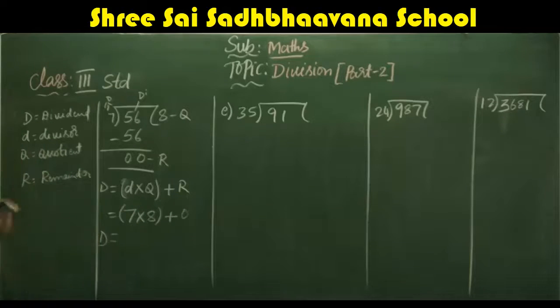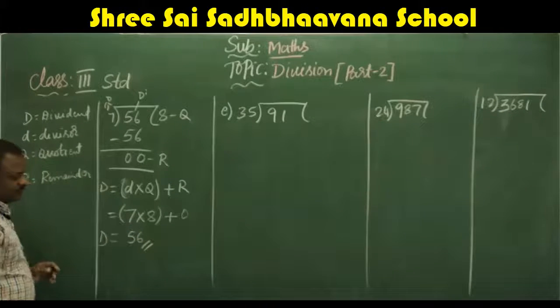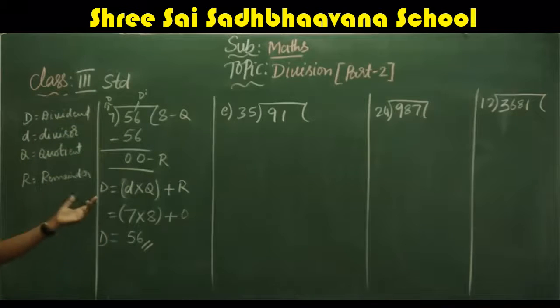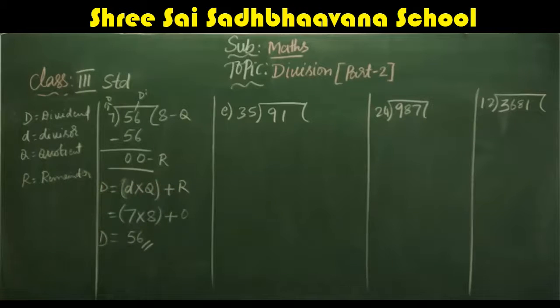What is the dividend? 7 8s are 56. So the same one you got here. So this is the formula. Dividend is equal to divisor into quotient plus remainder.